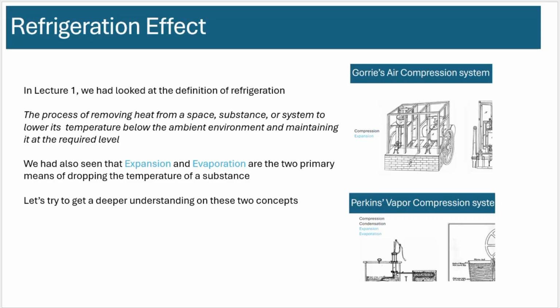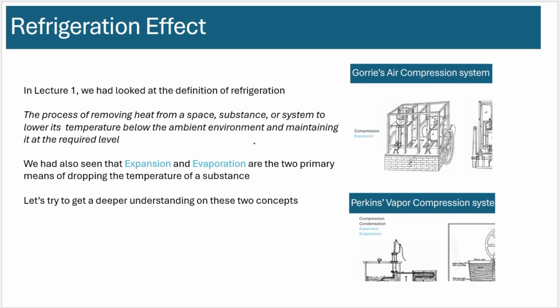Okay, so far we have created a working knowledge of thermodynamics relevant to refrigeration through our past lectures and also the earlier portion of this lecture. So we'll try to understand the two main effects that create the drop in temperature of a substance.